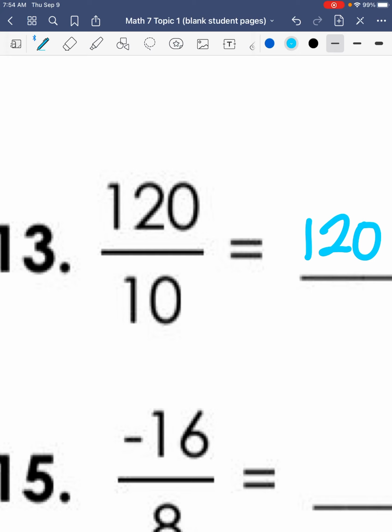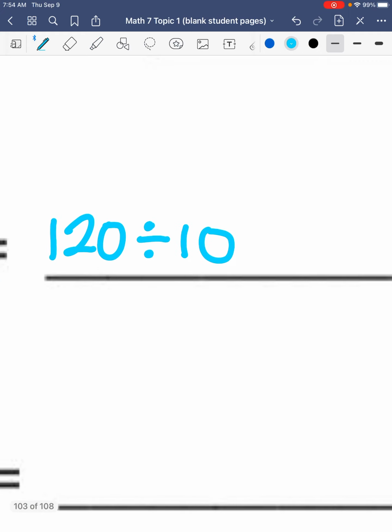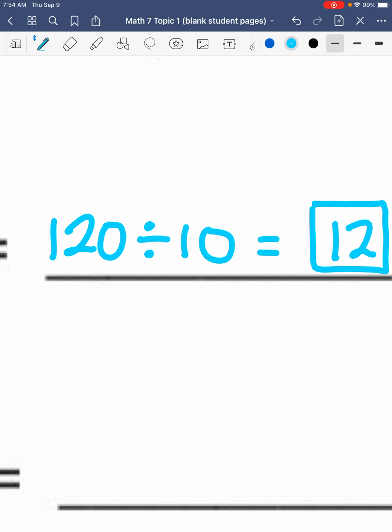To simplify one like this, because they both end in 0, I can take that 0 off. That's the same as dividing by 10. And that simply leaves me with 12 over 1, which reduces to 12. And since they were both positive, my answer should also be positive.